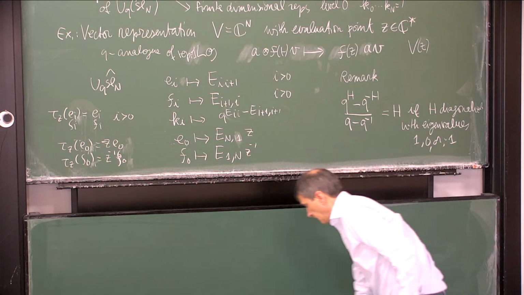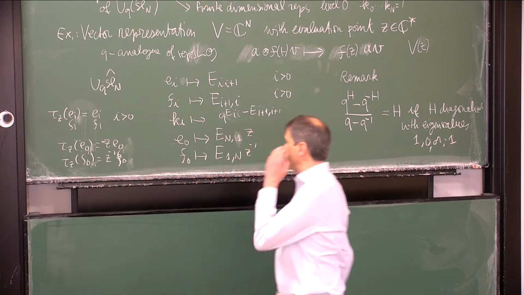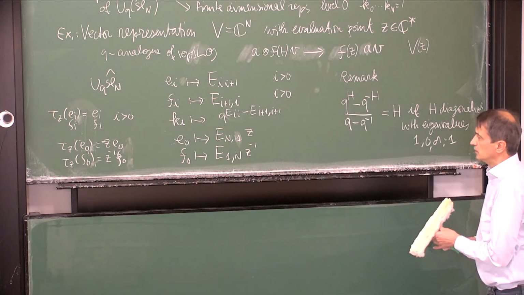Right. So you have this kind of derivation in the full Kac-Moody algebra, and this would be the exponential of the derivation.